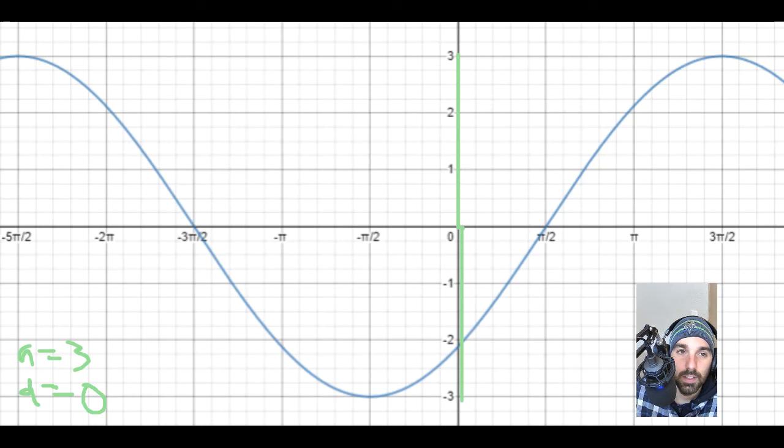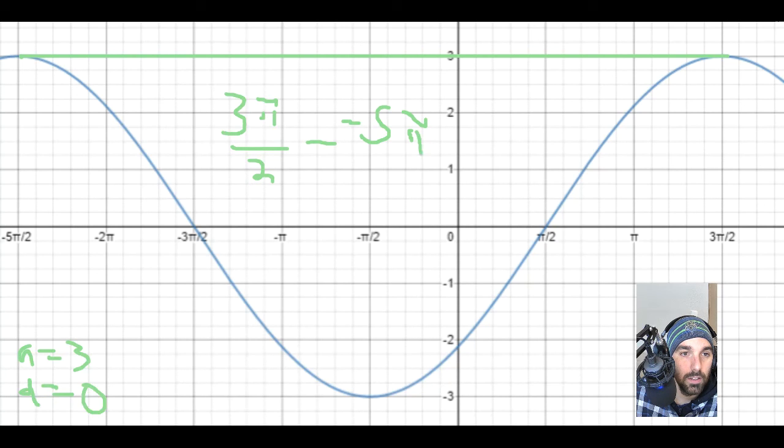Now what we need to do is look at the period. The easiest way to look at a period is this. So this is 3 pi over 2, and this is negative 5 pi over 2, so I go 3 pi over 2 minus negative 5 pi over 2.